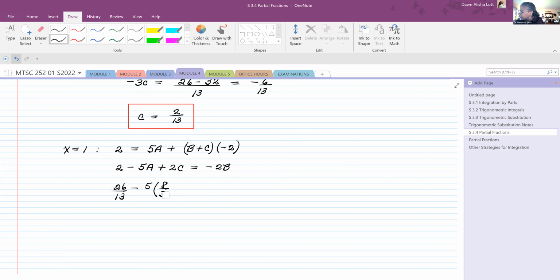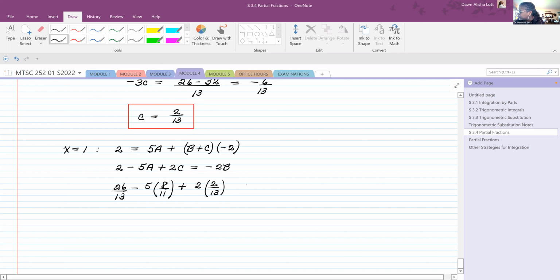Plus 2, and c is 2 over 13 is equal to -2b. So I get 26 minus 40 plus 4 over 13 is -2b.